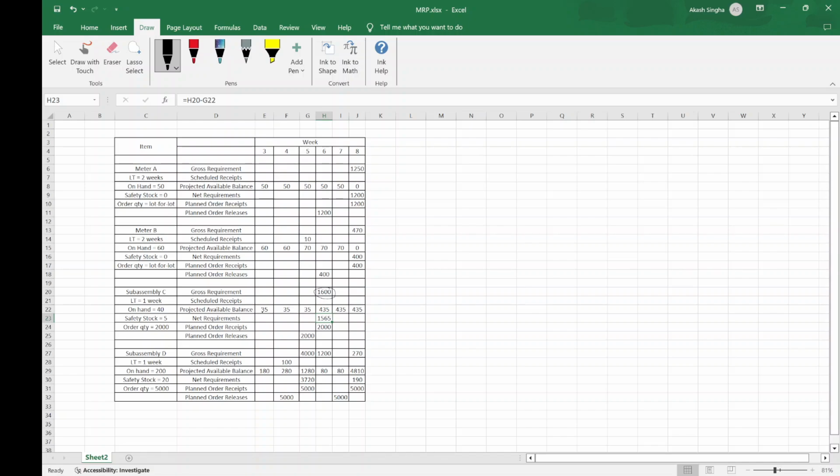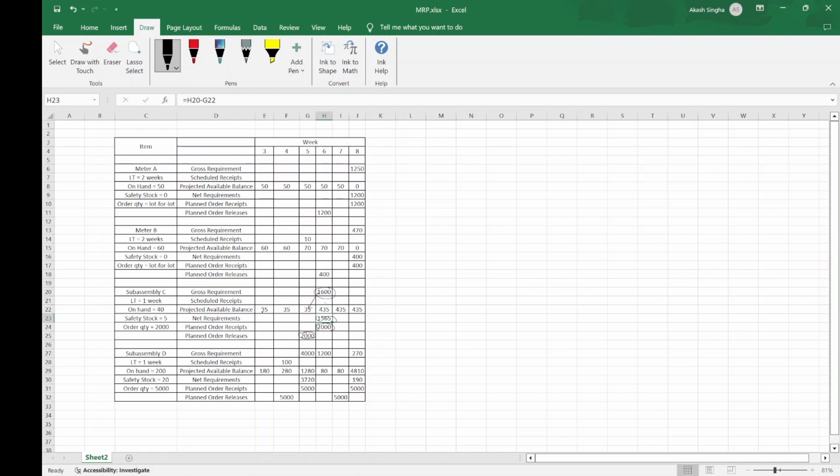So we will order 2000, and the planned order release should be 1 week earlier because the lead time is 1 week. So now 2000 is ordered, and what was the net requirement? The net requirement was the gross requirement minus in hand, which was 1565. So how much is left in hand?